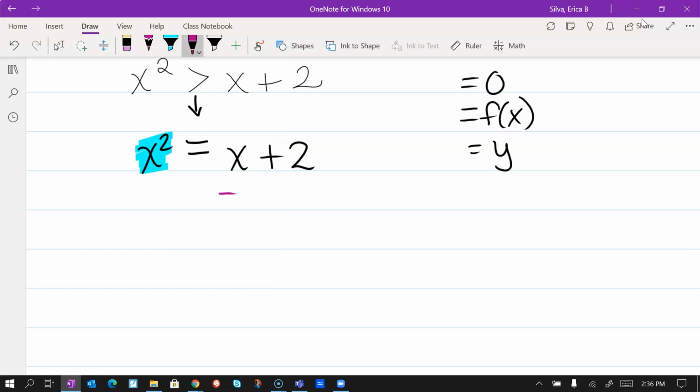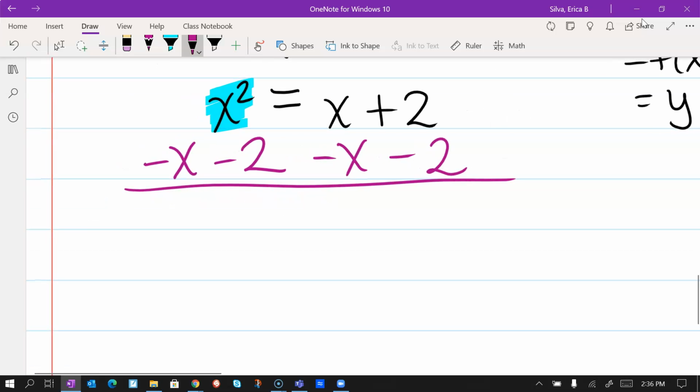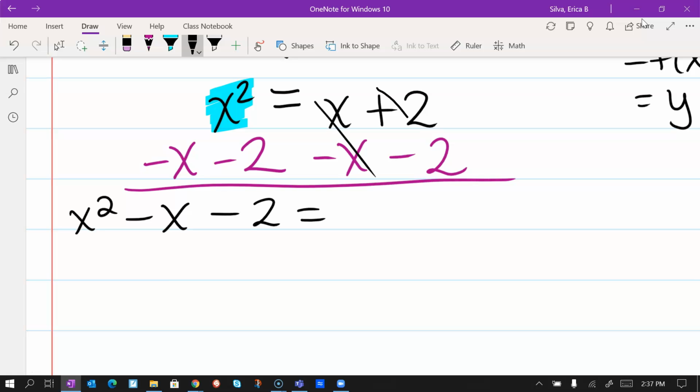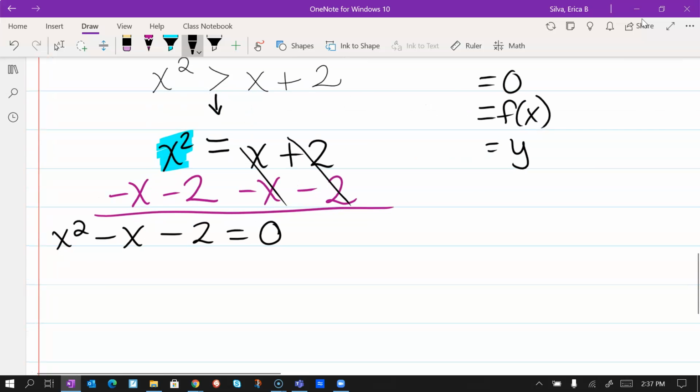So we're going to subtract x from both sides, and then we're going to subtract 2 from both sides. When we do that, we end up with x squared minus x minus 2. These cancel, and give us 0. So now we have our equation in standard form.